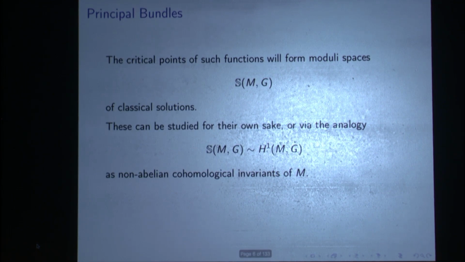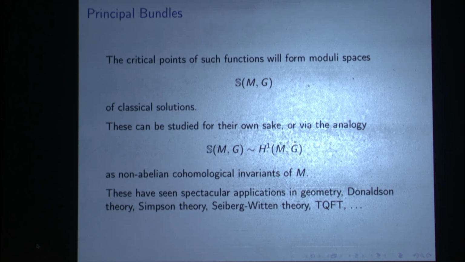But for geometers, there's a sense in which these moduli spaces themselves are like cohomological invariants of the manifold. And this has been a very powerful idea. It's sort of like non-abelian cohomology, the space of solutions to a nonlinear differential equation on M. So of course, this inspired Donaldson theory, Simpson theory, Seiberg-Witten theory, and led on to TQFT and so on.